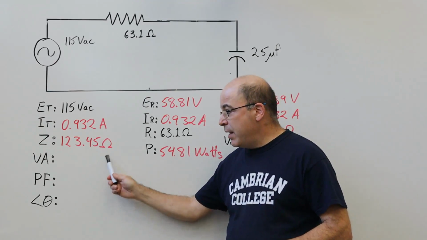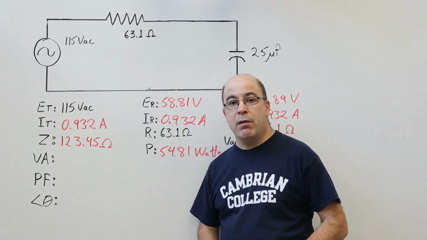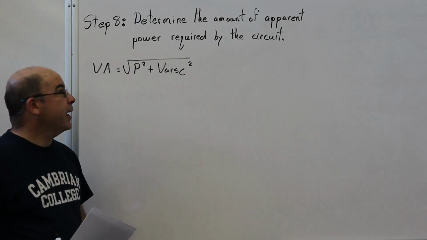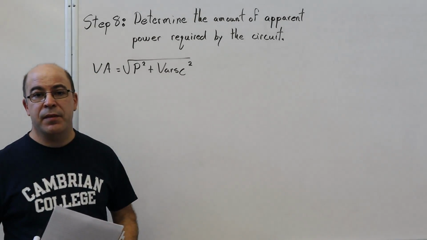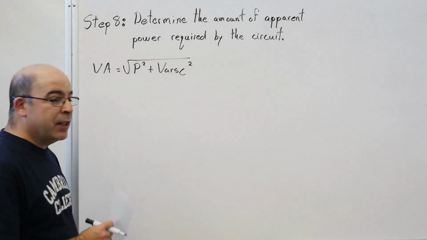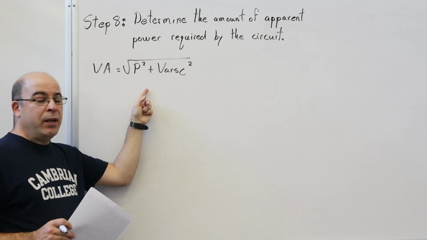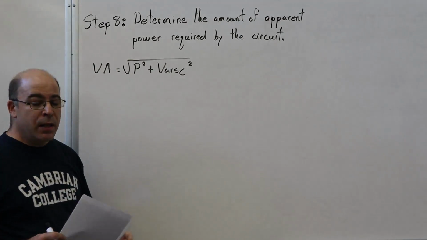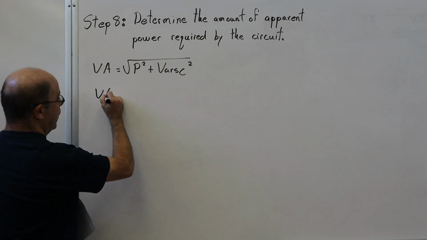Once I have that, then we'll proceed to calculating power factor and finally angle theta. Here we have step number 8, determining the amount of apparent power that this circuit is going to consume. Now, we are going to be using a trig formula. We're going to be using the value of power squared plus the value of reactive power squared, the square root. Now, I'm going to input the values that we've calculated.